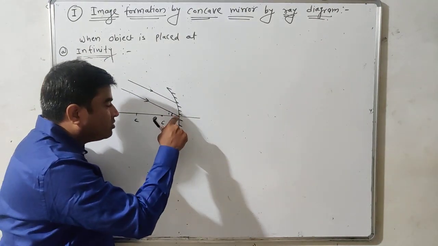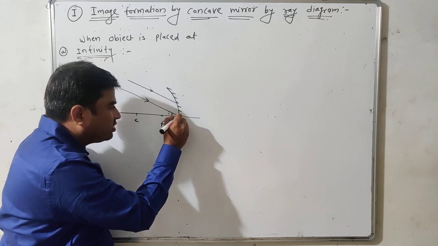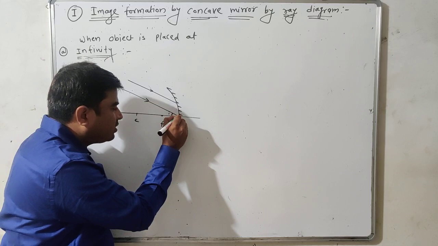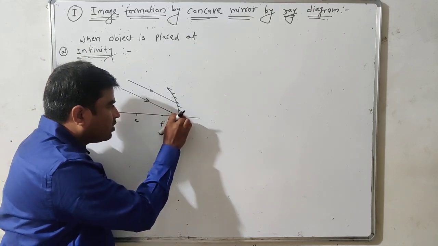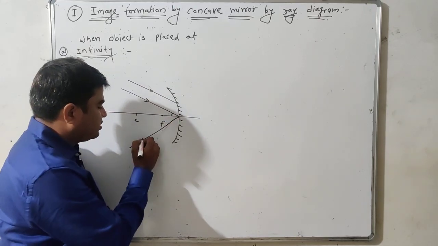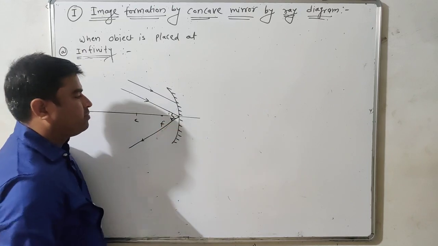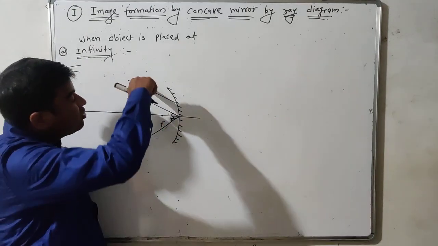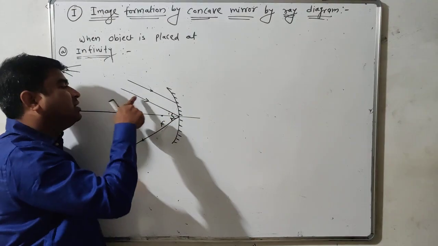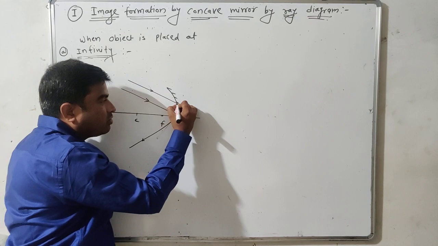Therefore, this concave spherical mirror will reflect this ray such that the angle of reflection will be the same as the angle of incidence. So this mirror will reflect this ray along this direction like this. Understand? So that these two angles are the same. Now what is the angle of incidence for this ray? This is also incident upon the concave spherical mirror, but it is parallel to this, but it is incident at this point.